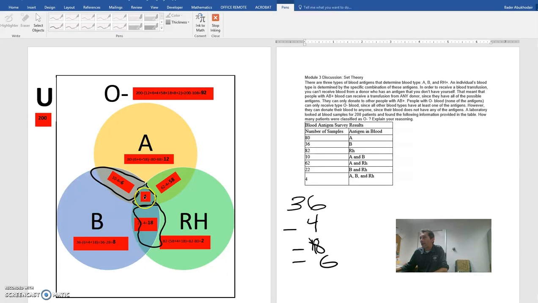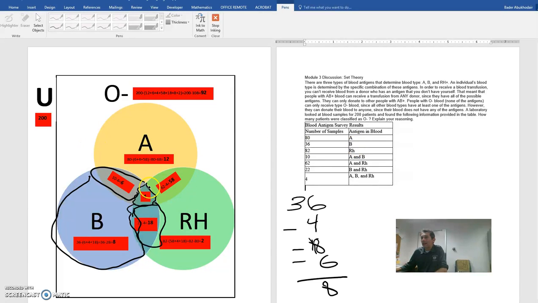The part which has 4 means they have the antigens of having the B and the A and the RH, while the 18 just have the B and the RH strictly, and the 6 strictly has just B and A. The only part I did not talk about is the part of B which doesn't have any of the other antigens, which is 36 minus 4 minus 18 minus 6, which is 8. Okay, I hope this is really clear, and I will continue with the A in the same manner.